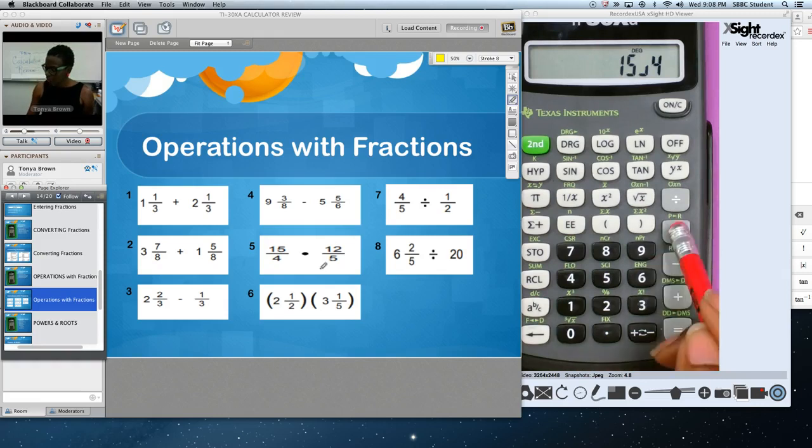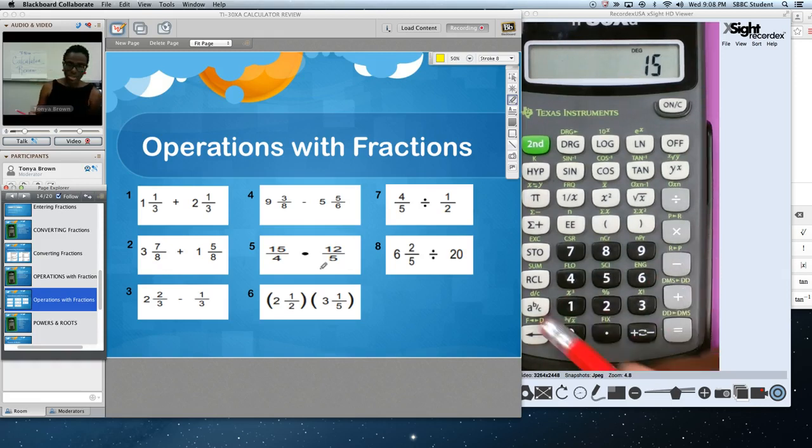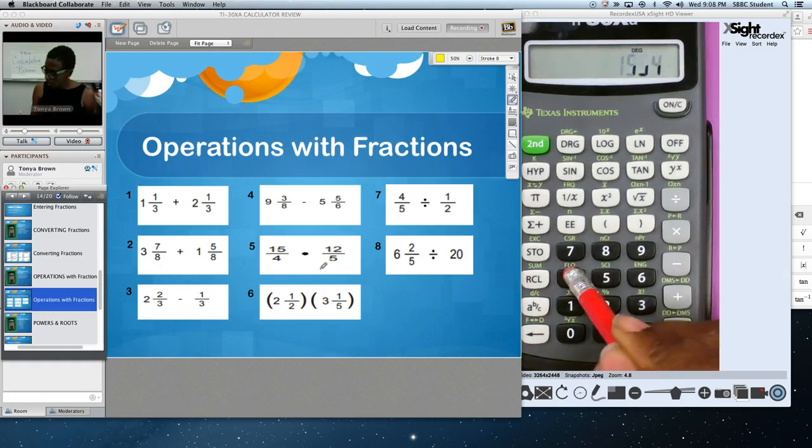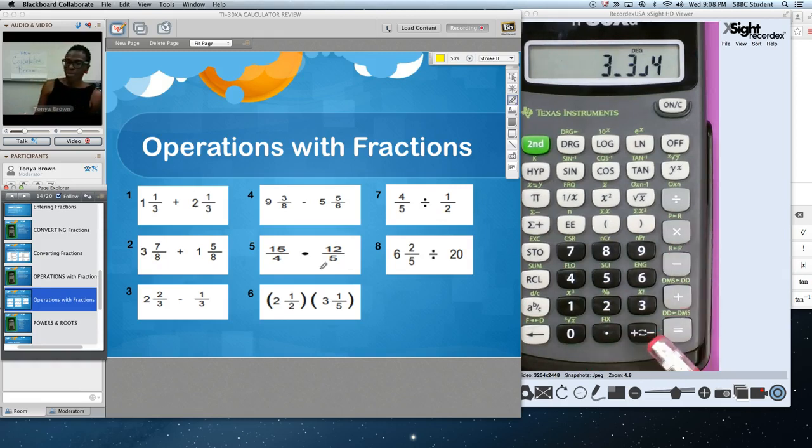Let's try it again. 15, fraction 4, times. What keeps popping up? What is this? 3 3/4? Very good. That is actually the mixed number for 15/4. So when you put it in, it's going to automatically change it to a mixed number.